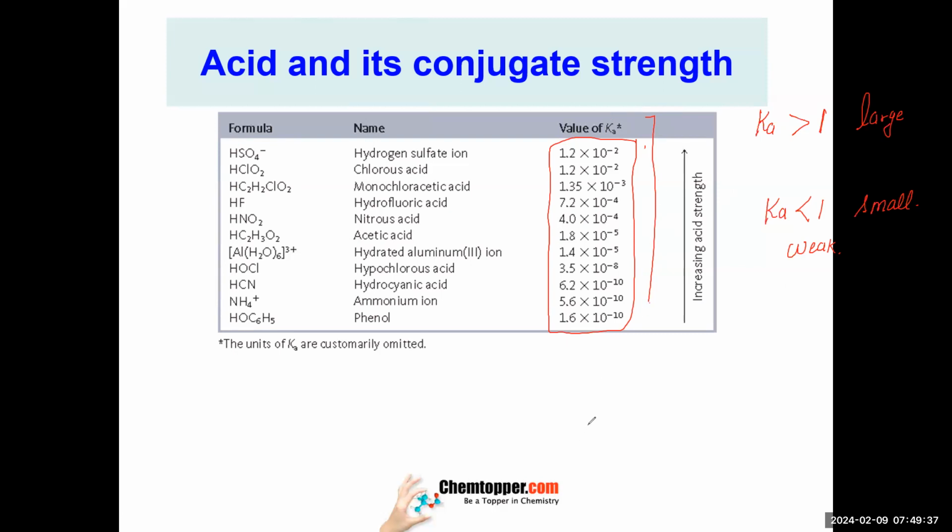But I can compare them. Let's say I ask you to compare HF, which you can see here, with acetic acid. Which one is stronger?